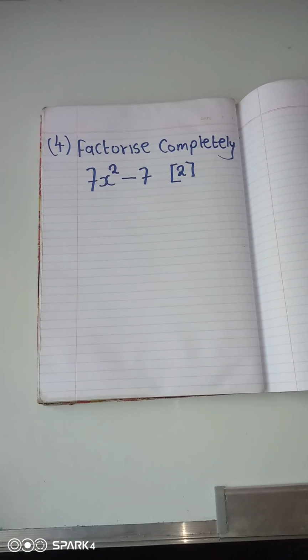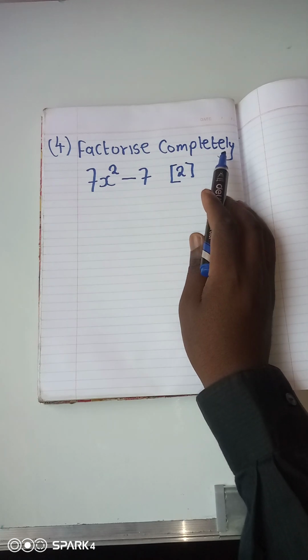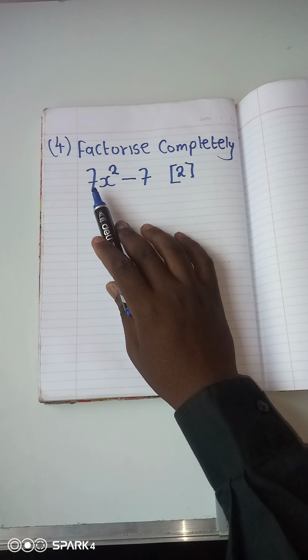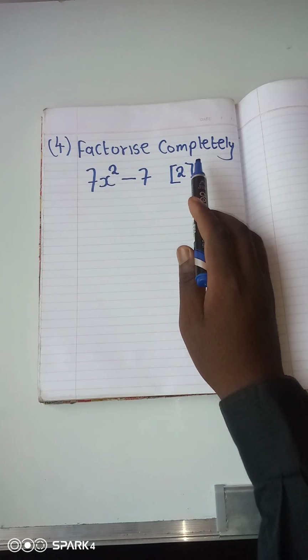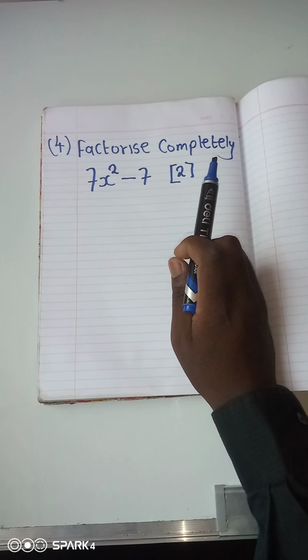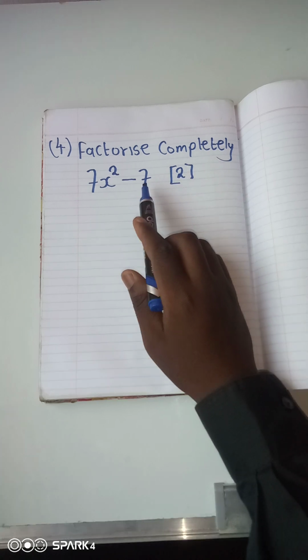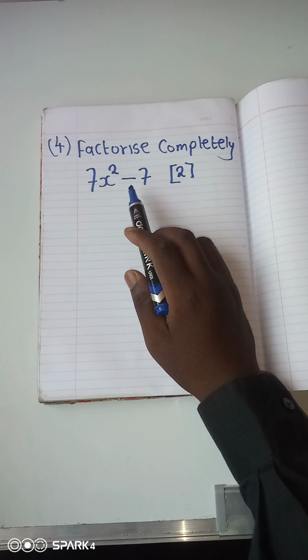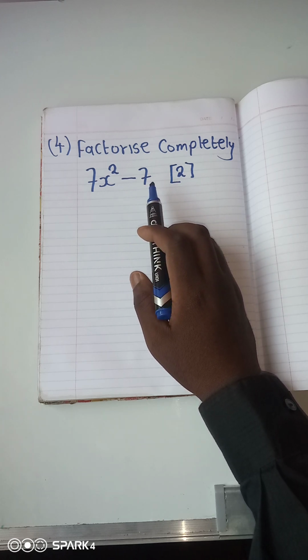This is question 4, and question 4 says factorize completely. So the question is 7x squared minus 7, and how many marks? 2 marks. So when you are dealing with factorize, most of the time they have to give you a number which can go into that number, and also they give you sometimes a letter or a number which can go into that number.